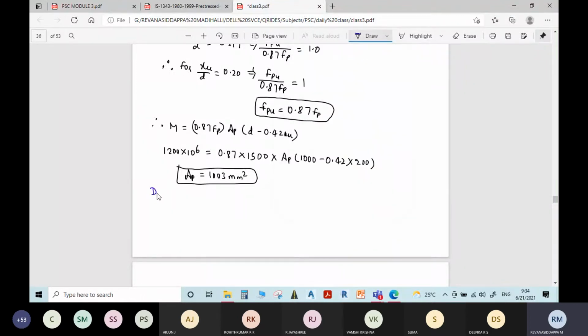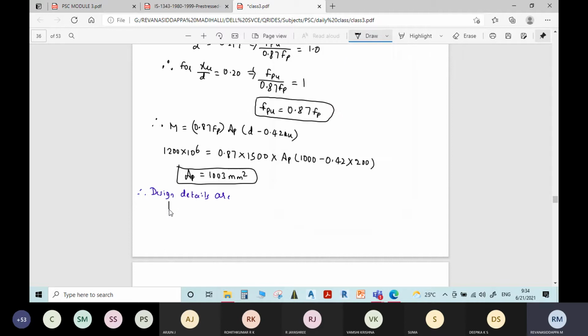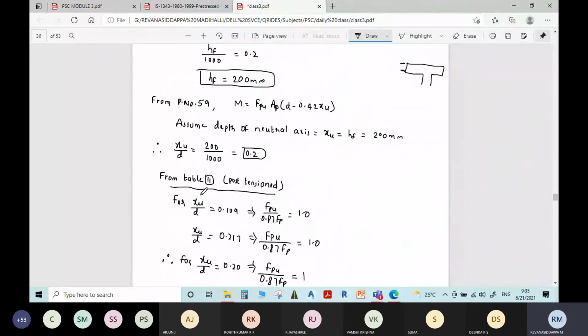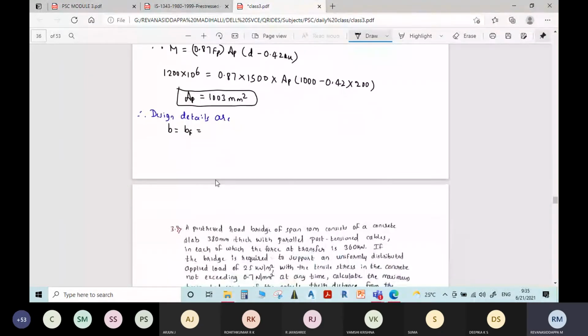Therefore the design details are: B is equal to, that is width of flange, is equal to 500 mm.